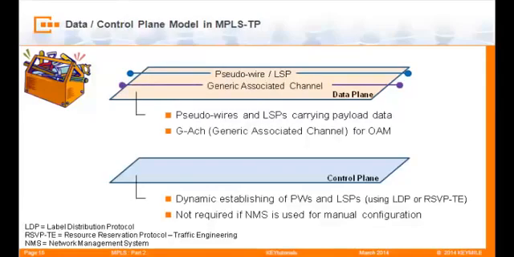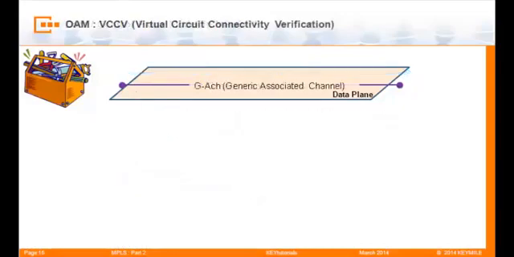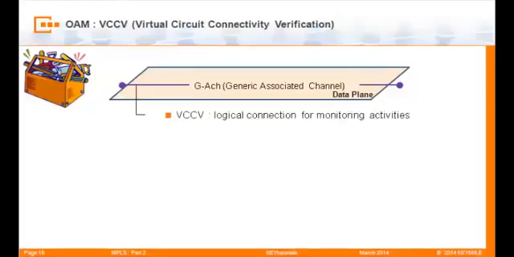In MPLS-TP, the OAM functions are also handled in the data plane in an overhead channel called the generic associated channel, or GAC. Inside this channel is a virtual circuit used for connectivity verification, and that's called a VCCV.